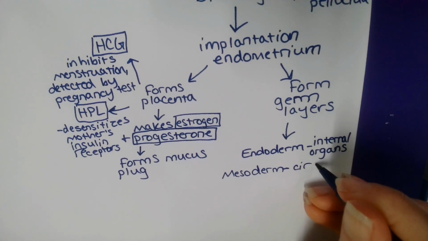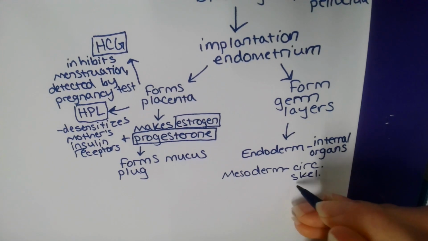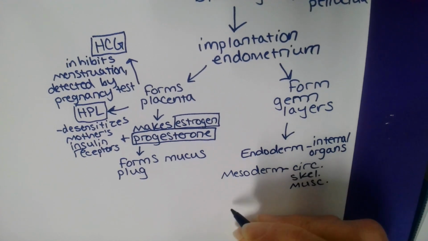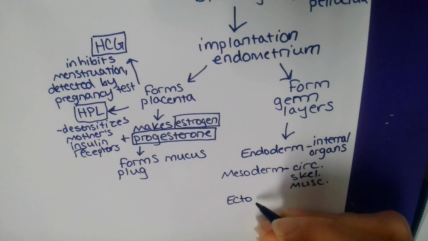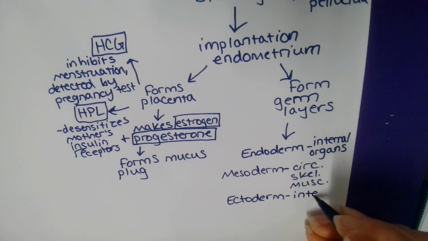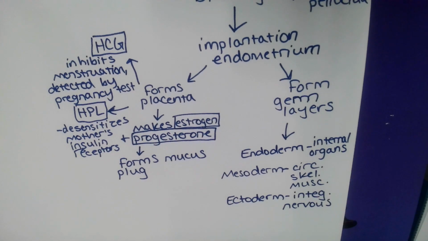So that's going to be your circulatory system, your skeletal system, your muscular system, and your outermost germ layer. The outermost germ layer is the ecto, E-C-T-O derm. That's going to turn into the integumentary system and the nervous system, which includes nerves, brain, spinal cord.